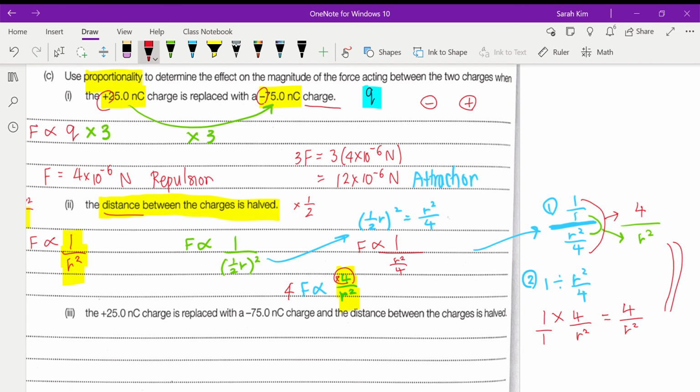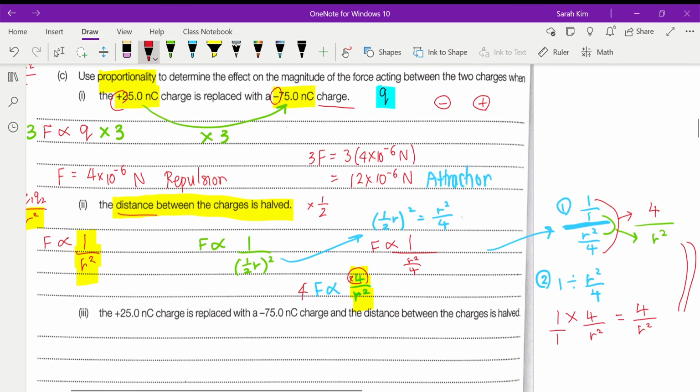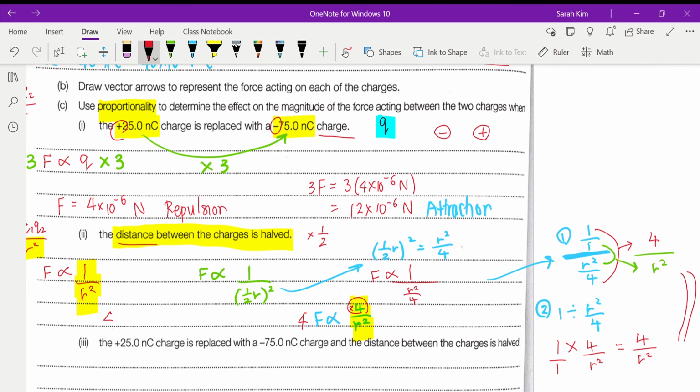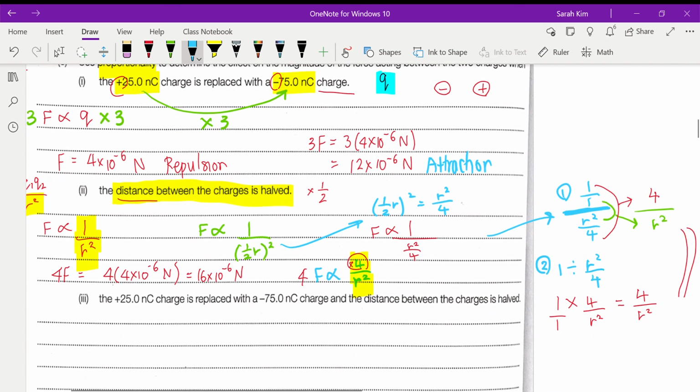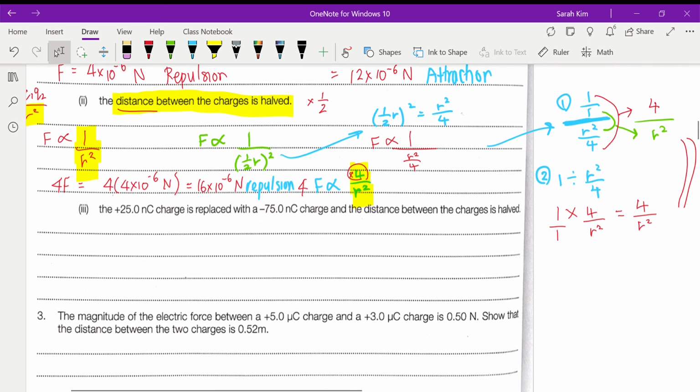So my 4F is 4 times 10 to the negative 6, because that was my original F. So that would be 16 times 10 to the power of negative 6 newtons. Now, the direction will be the same as the original, which was a repulsion, because the charge hasn't changed. It's still a positive and a positive charge.